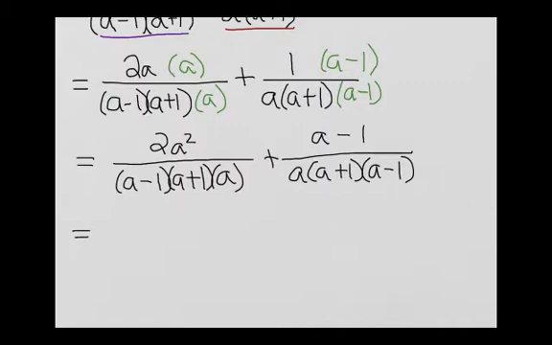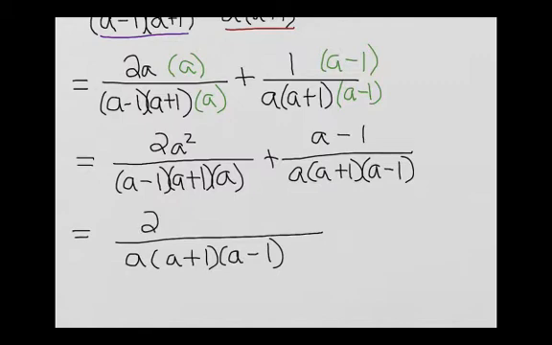And in our last step here, we're going to keep that common denominator, a times a plus 1 times a minus 1, and add together the numerators. So that's going to be 2a squared plus a minus 1.